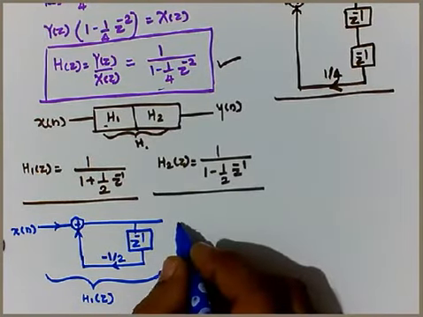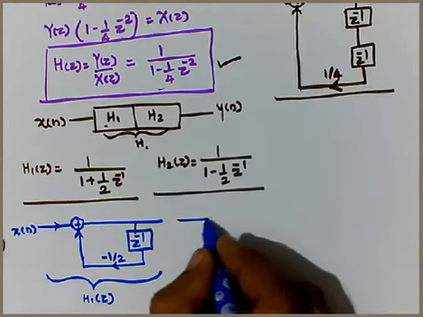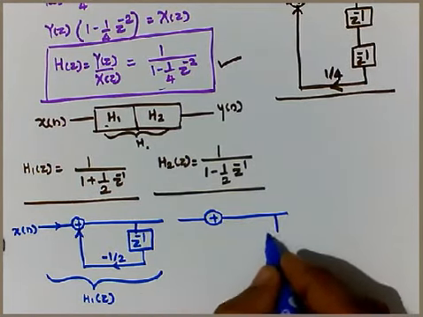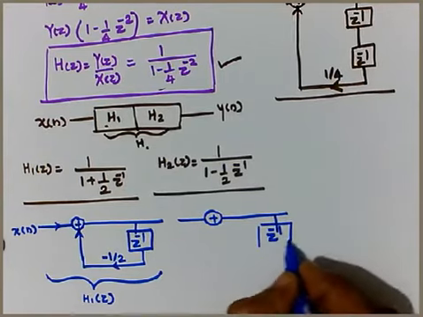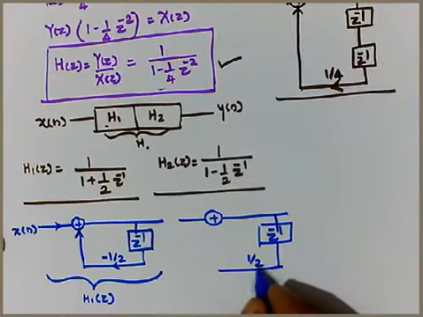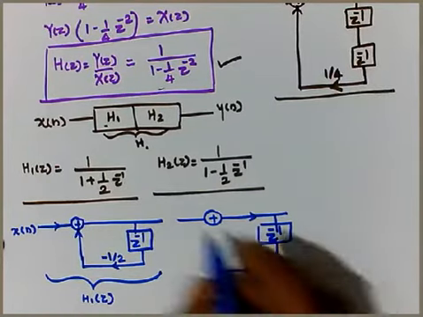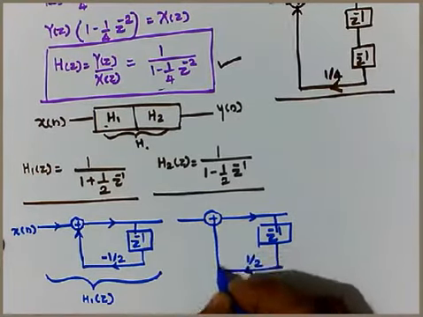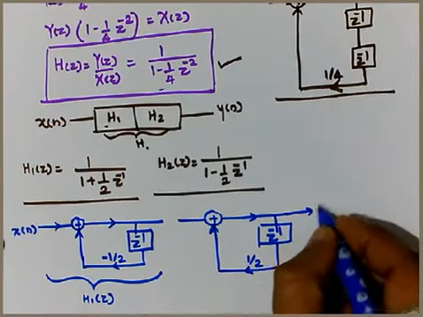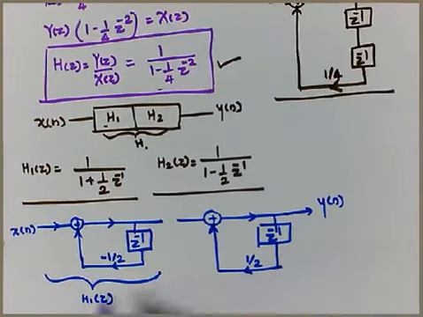Similarly, the next block can be done with the help of an adder, this is z inverse. This time it is 1 by 2. Add it here and it will give y of n.